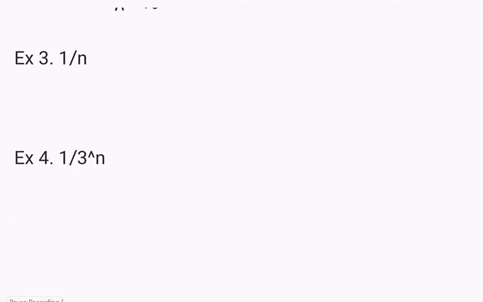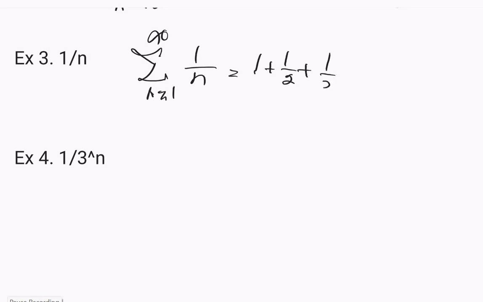The next one, we have the infinite series of 1 over n. It's a specific type of series called the harmonic series. It equals 1 plus 1 over 2 plus 1 over 3 plus 1 over 4 and so on to infinity.